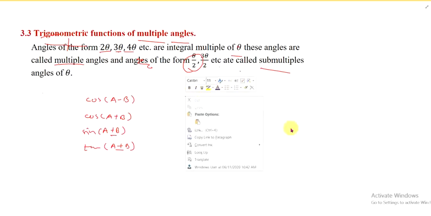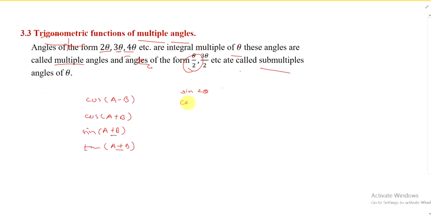We want to study the formula for sine of 2 theta, then cos of 2 theta, then tan of 2 theta, isn't it? These are known as trigonometric functions for multiple angles. So, we will prove the formulas for sine 2 theta, cos 2 theta, tan of 2 theta.